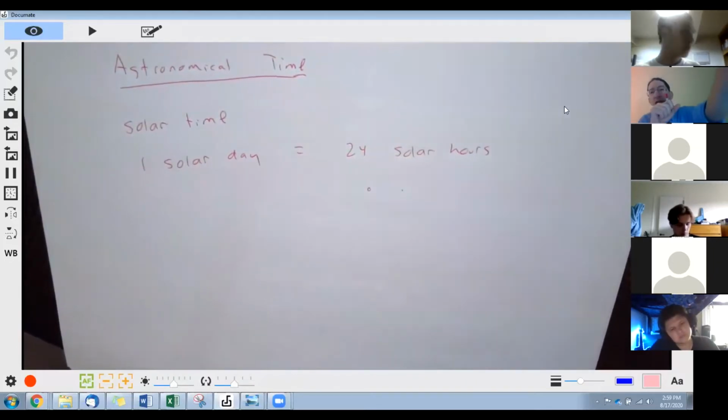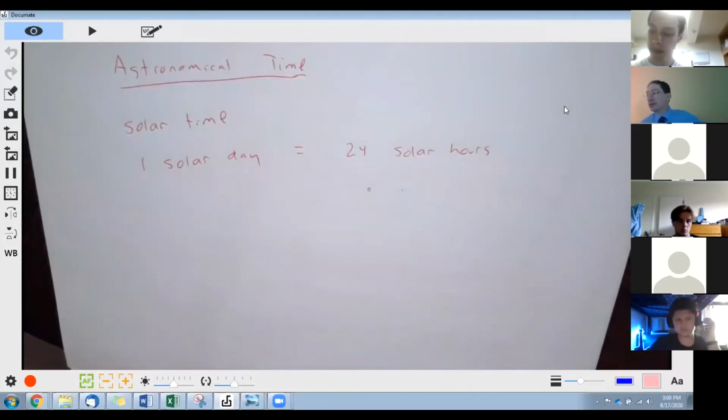Either from rising on the eastern horizon, going all the way around and rising again, or from setting on the western horizon, going all the way around and setting again, or the meridian. And that's a term that I want you to know. So imagine the great circle beginning due north, going overhead through the point directly overhead, which is called what?